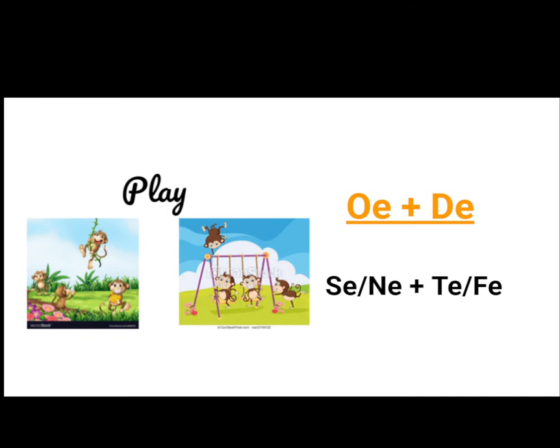Taking the ISTJ type again, ISTJ has NE and TE in their function stack, so their play animal would be the NE and the TE working together. And INFJ's play would be their SE plus their FE, because they have FE second and SE fourth.